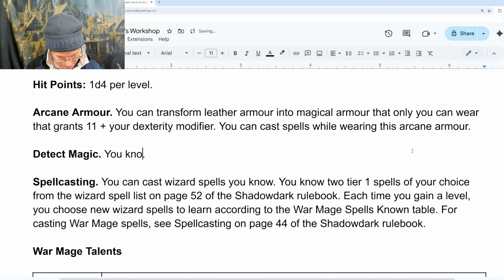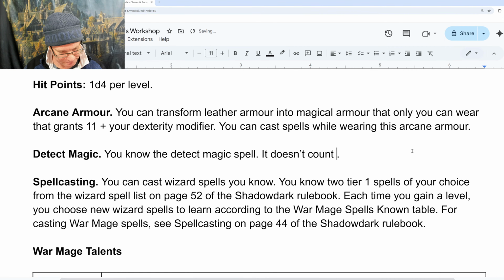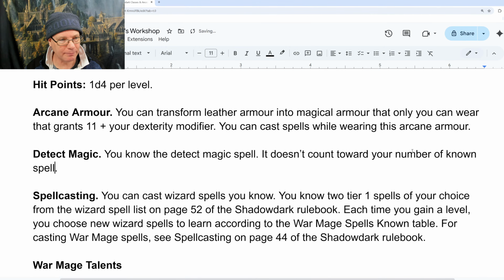The Detect Magic spell doesn't count toward your number of known spells.